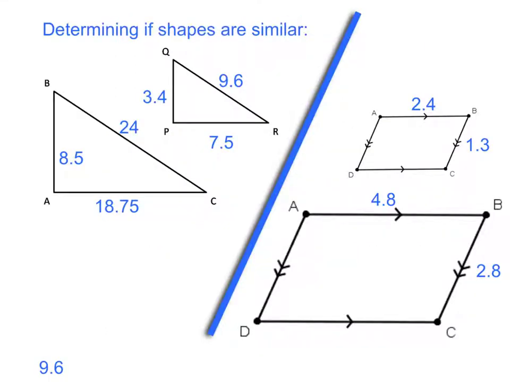We know that corresponding sides of similar figures are proportional. So to determine if two shapes are similar, you need to see if all of the corresponding sides are proportional. Looking at our triangles, we know that the side that is 8.5 corresponds with the side that is 3.4.